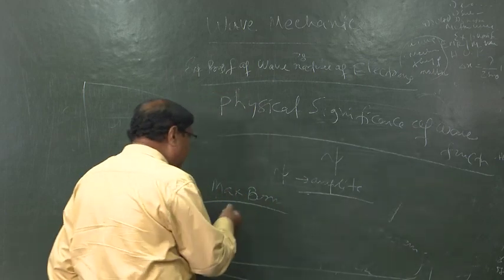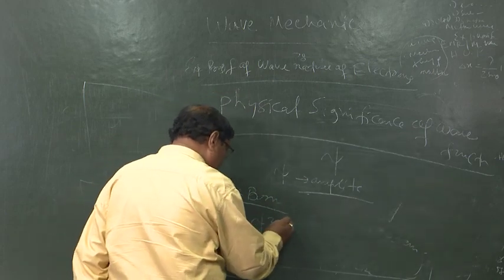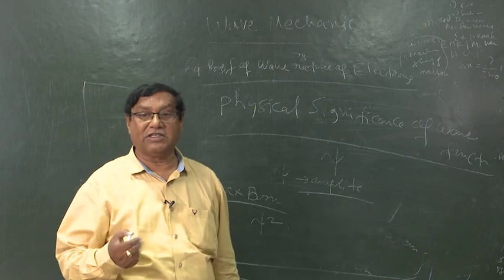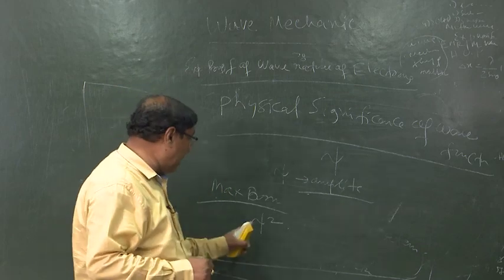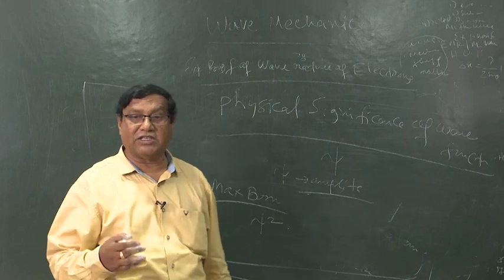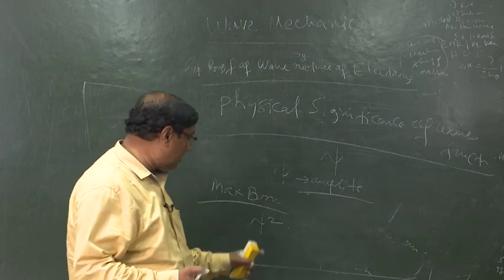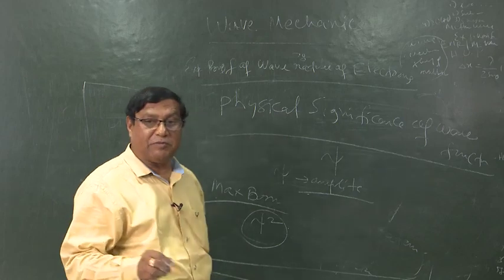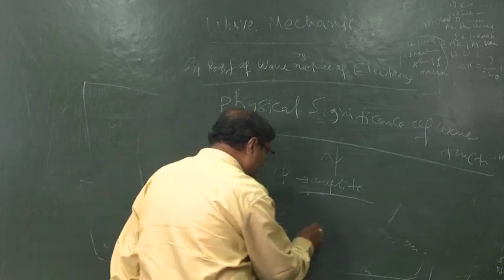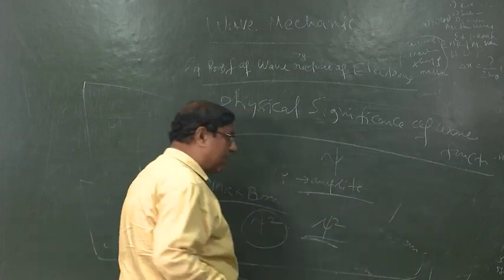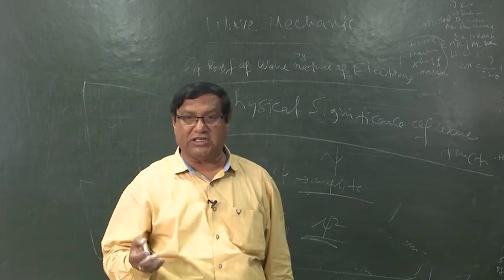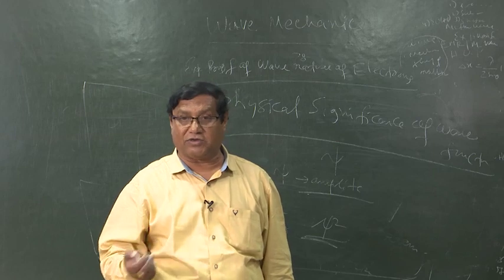So the square of the amplitude, that means psi square, will measure the electron density. So psi square represents the electron density. It measures the probability of finding the electron in a particular state. So psi square at any point measures the probability of finding the electron.